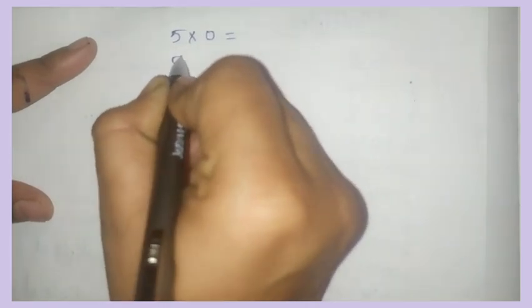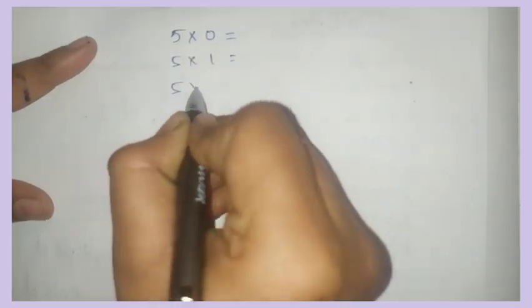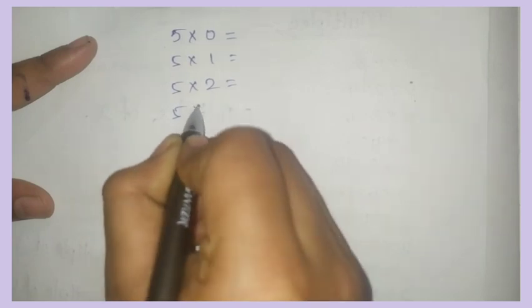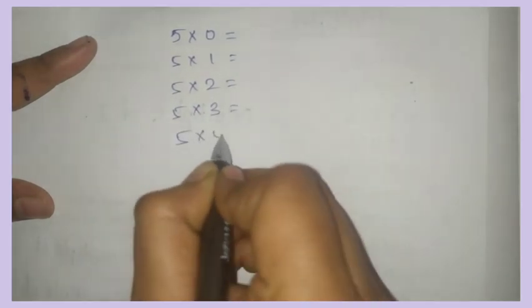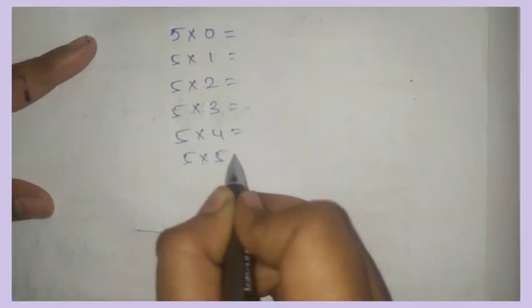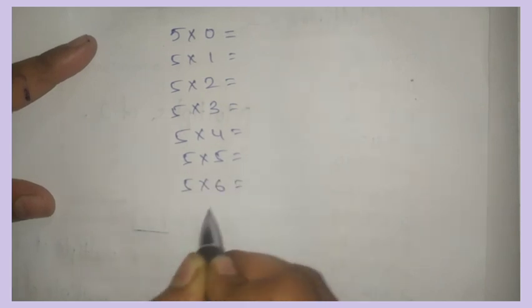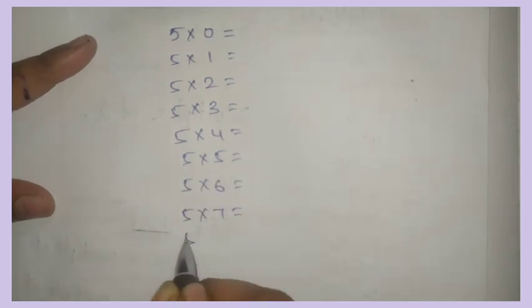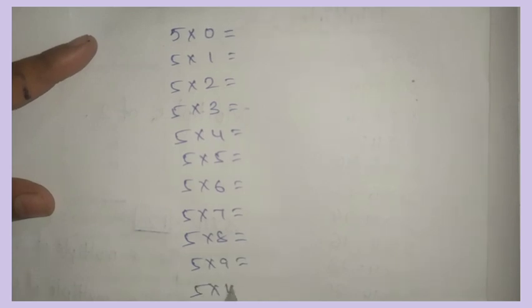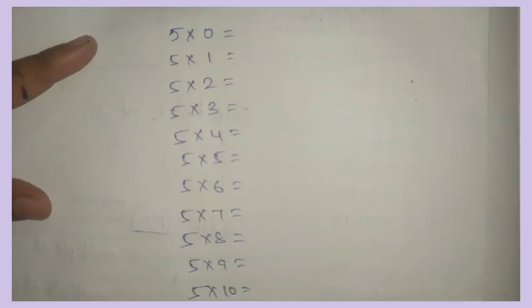Look here: 5 into 0, 5 into 1, 5 into 2, 5 into 3, 5 into 4, 5 into 5, 5 into 6, 5 into 7, 5 into 8, 5 into 9, 5 into 10, 5 into 11, and so on. So many numbers we can write.